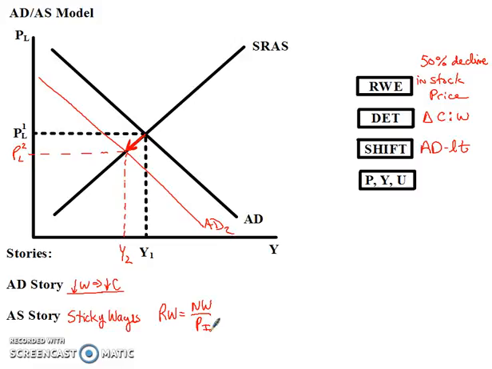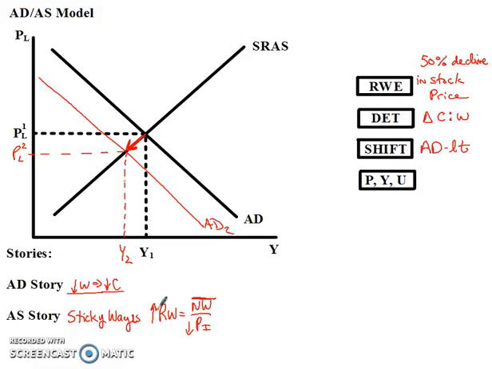Now, because consumers are buying less stuff, prices are beginning to fall in society. And remember, we're going to argue from a Keynesian point of view that wages are sticky. So the nominal wages are not going to adjust, at least not right away, maybe because of contracts or whatever the case might be. So as prices go down, real wages are going to go up.